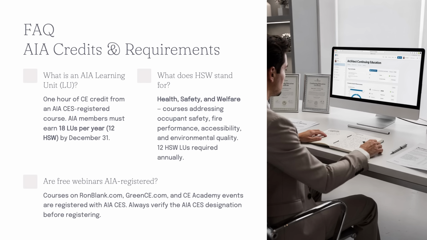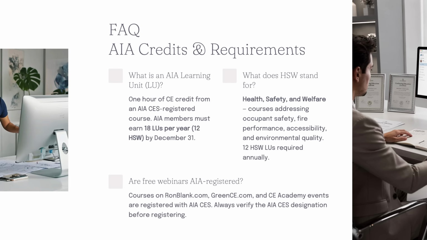Are the free AIA webinars registered by the AIA? Courses on ronblank.com and greence.com are registered with AIA CES, as are CE Academy events. Architects should verify that a specific course carries the AIA CES designation before registering.